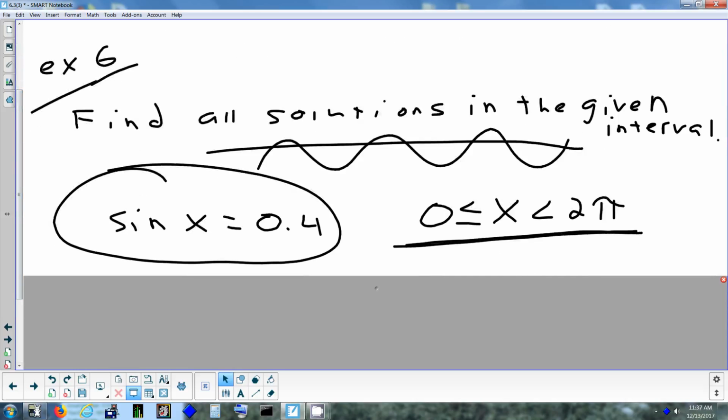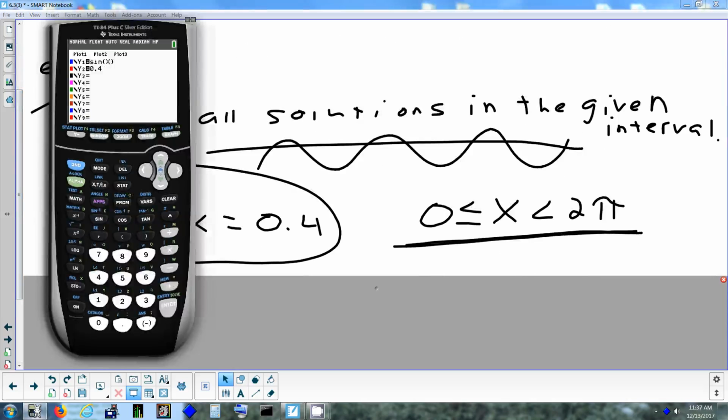Those are the only answers they want. If there's any answers beyond that, which there are, ignore them. So, in your window, don't look beyond 0, and don't look beyond 2 pi. Now let's hit graph. Any intersections that we get on the screen, we're going to calculate.